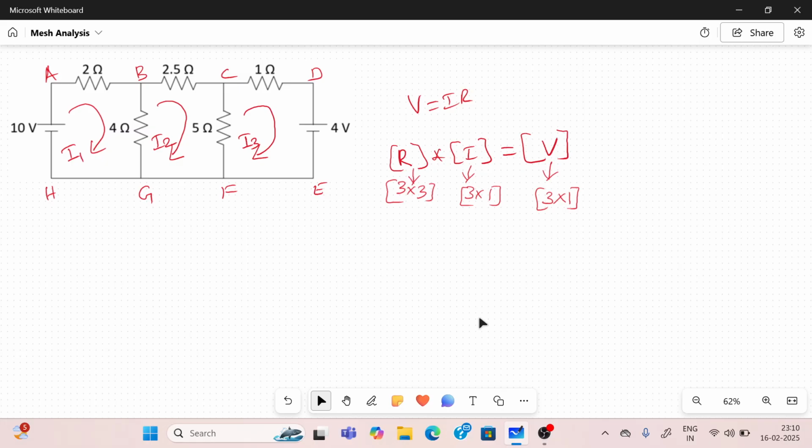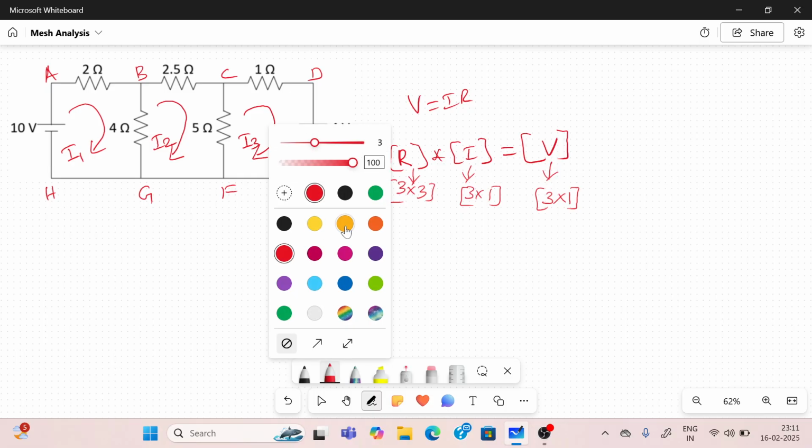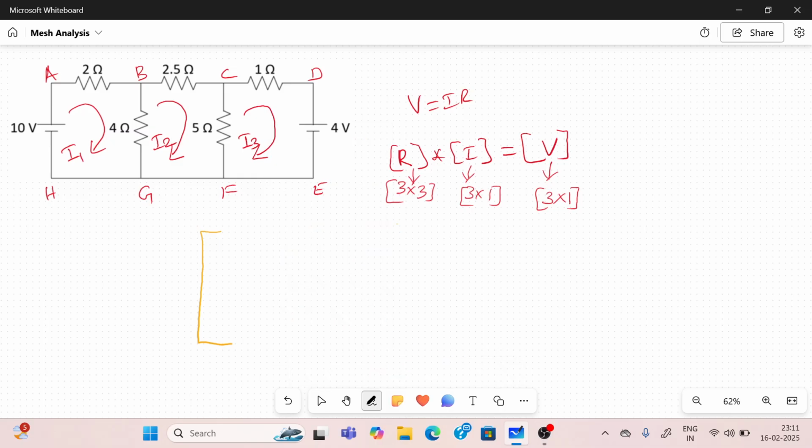The matrix R should be a 3 cross 3 matrix, so I want to form a 3 cross 3 matrix: first row, second row, third row, and similarly first column, second column, then third column.